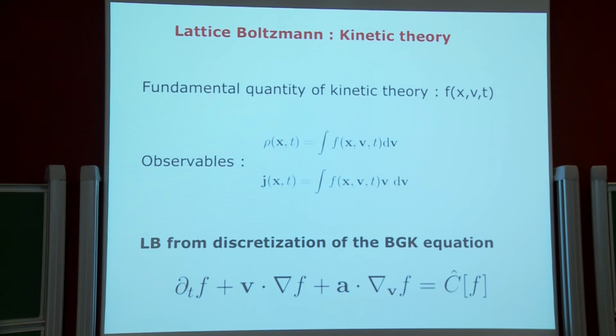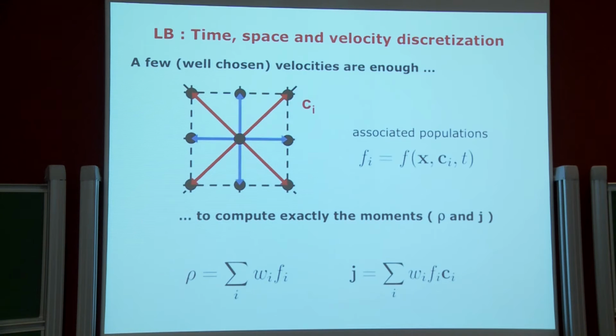And this is what the Lattice-Boltzmann method is about. So solving numerically this kinetic equation in the particular case where the collision operator is this BGK collision operator. So how does that work in practice?